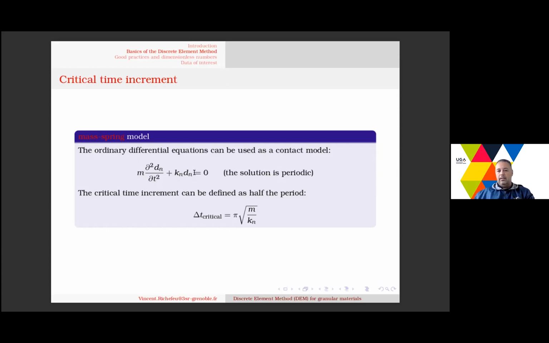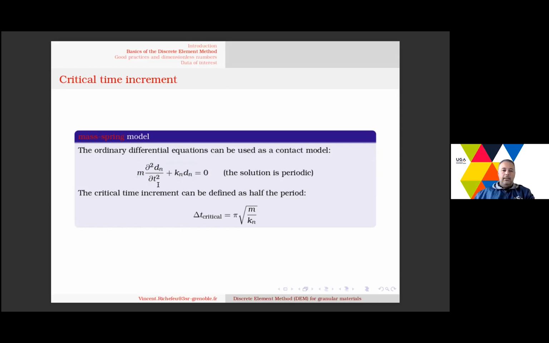So it writes like this. Here m is the mass, this is the second derivative of the gap, of the distance, so the acceleration, and here the position, stiffness. If I solve this equation by hand, the solution will be periodic, with an amplitude and a frequency.